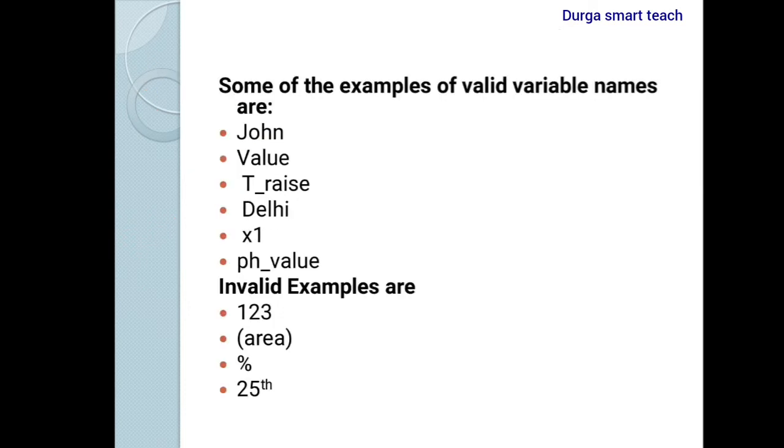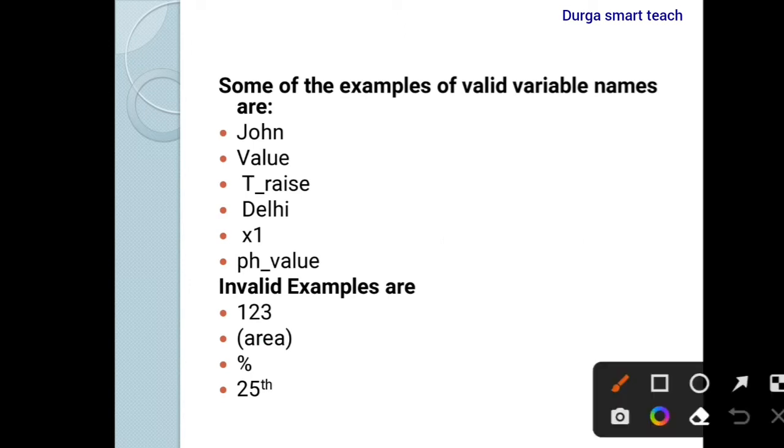Let's see some valid and invalid examples. Some examples of valid variable names are John. Here a variable name can start with an alphabet or underscore, and uppercase and lowercase letters are different. Next is tea_rice.